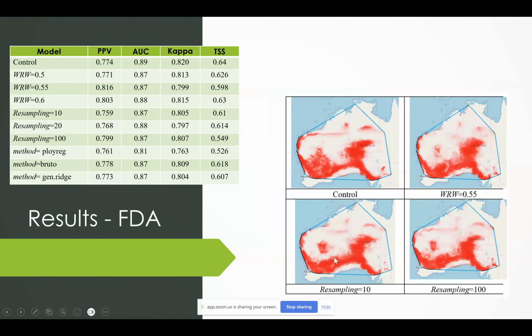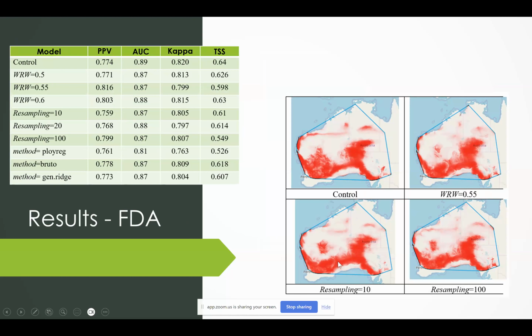There is still a similar issue with the FDA. In the FDA, the control model got the best for those evaluations. However, WRW equals 0.55 got the highest PPV among those models.